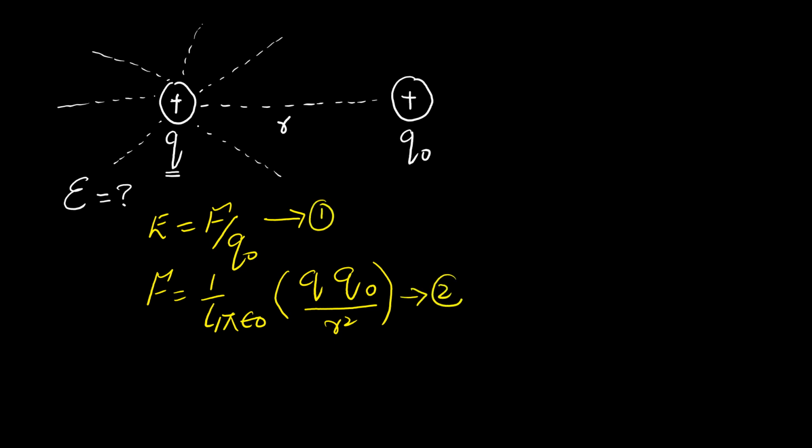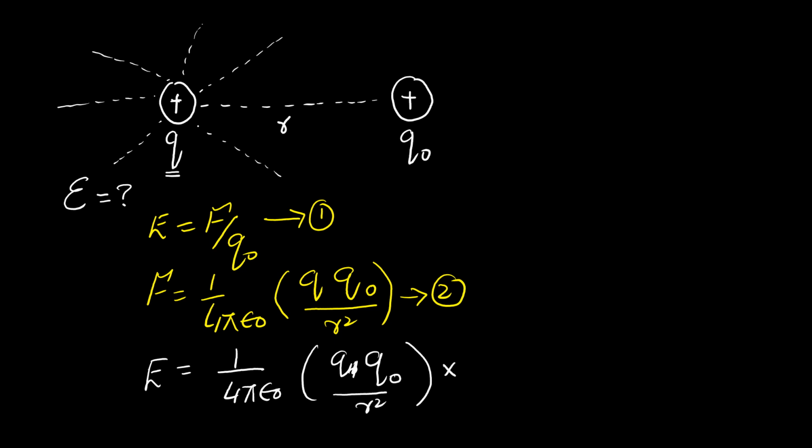Suppose this is equation number 2 and the earlier one is equation number 1. Then we can get electric field intensity equal to 1 over 4 pi epsilon naught into Q into Q naught divided by r squared, into 1 over Q naught. So Q naught will cancel with Q naught. We will get an equation for electric field intensity as 1 over 4 pi epsilon naught into Q divided by r squared.